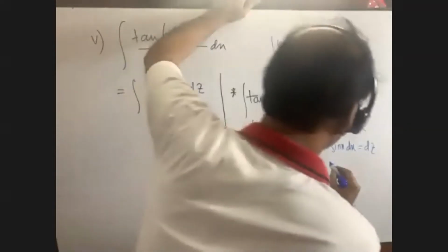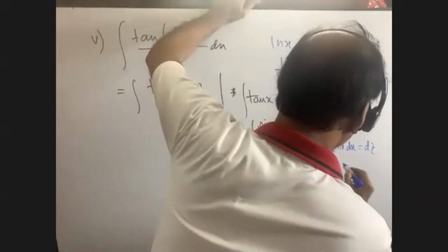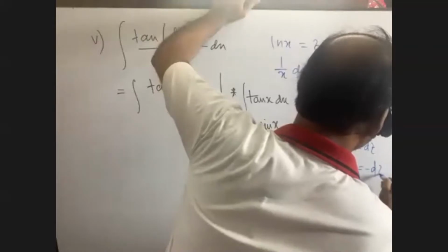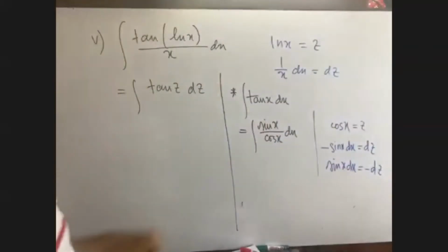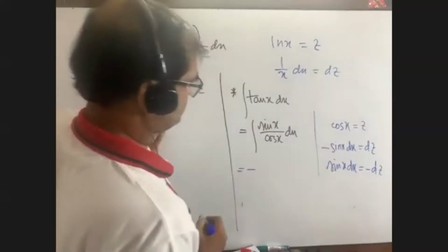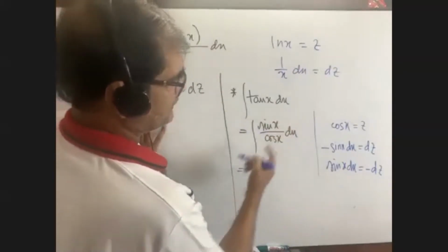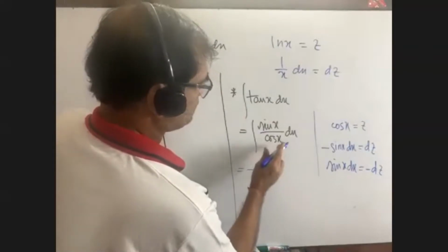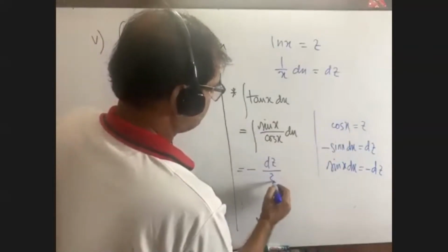So sin x dx is equal to minus dz. So we can write minus, sin x dx equals dz, and cos x equals z, right?